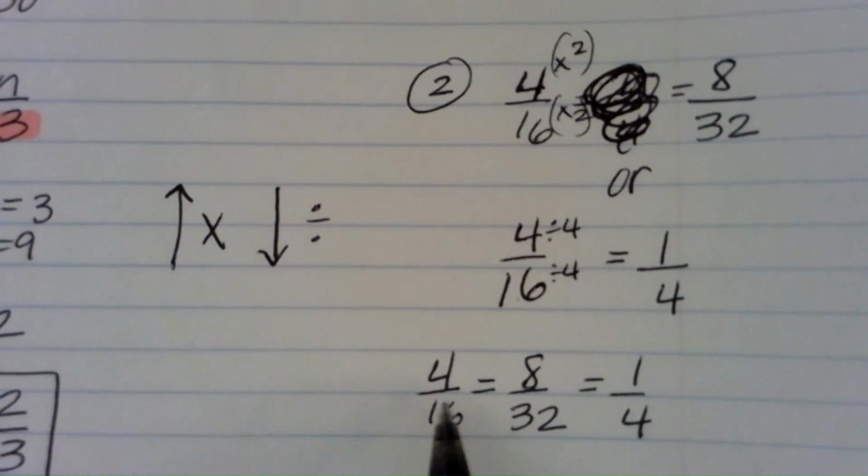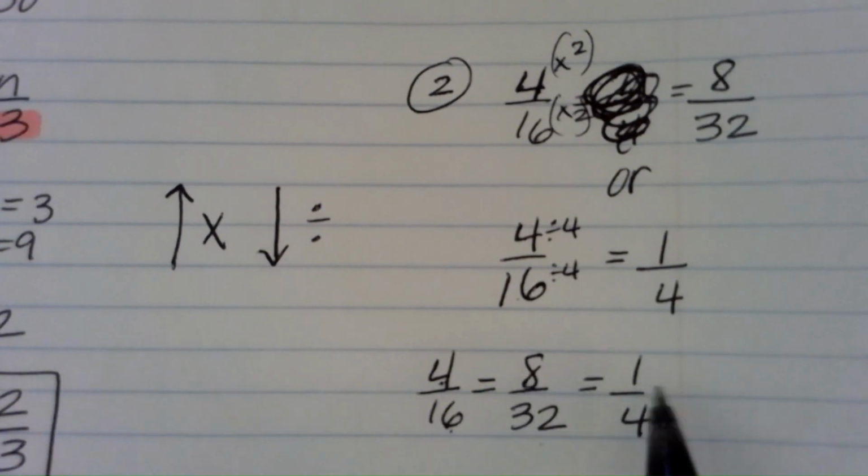If out of the 16 slices I take 4, out of the 32 slices I take 8 pieces, or if I take one chunk of the cake pushed into 4 pieces, they're going to look the same. It's the same amount of cake gone. They are all equal.